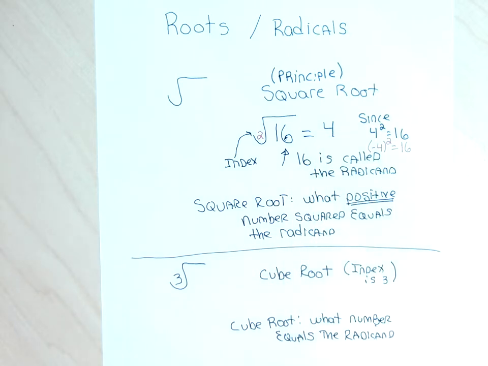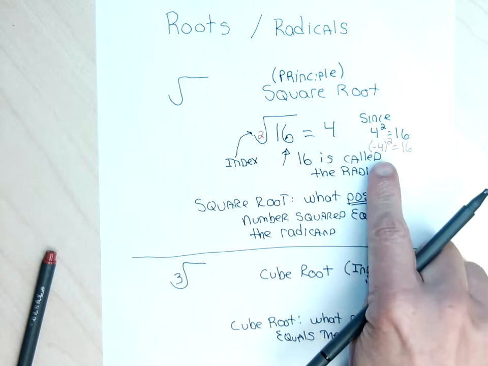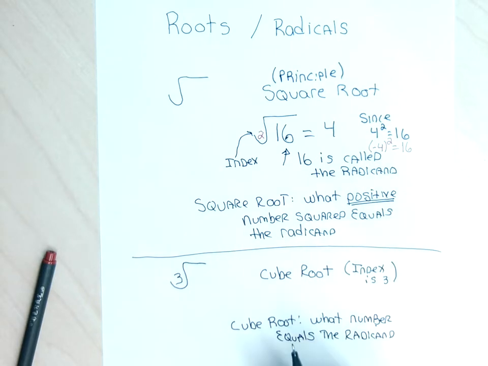In the world of a cube root, this isn't an issue because when you cube a negative number, it's negative. Let me just do a generic cube root of a negative number. Like if I asked, what is the cube root of negative 8? This is asking the question, what number, either positive or negative, cubed equals the radicand? And I know the answer is negative 2, since negative 2 cubed is negative 8.